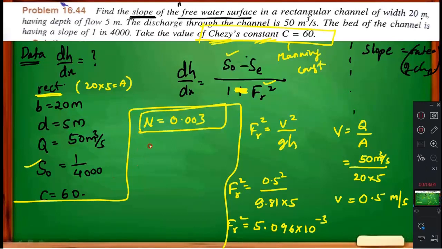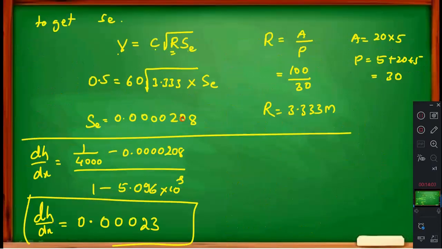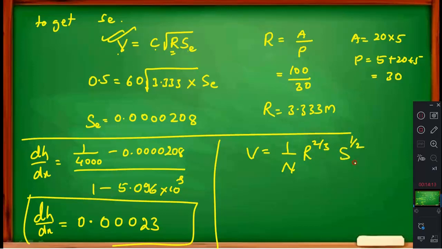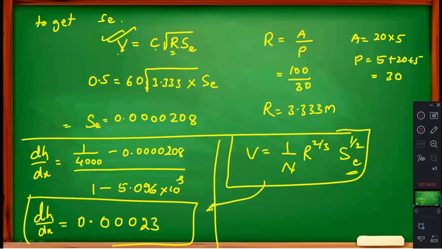Then instead of using Chezy's equation, you have to use Manning's equation for velocity. Velocity is equal to 1 by n R raised to 2 by 3 S raised to 1 by 2. This S you call SE. Then use this equation, get the S, and come back to the problem.